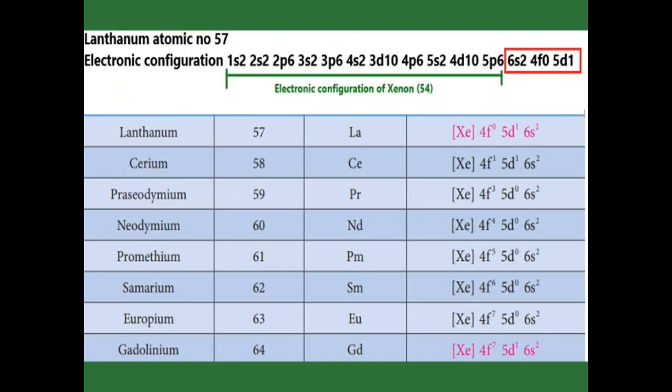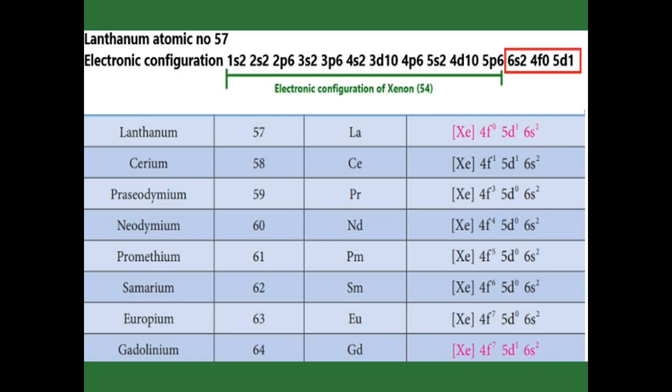Lanthanum atomic number is 57. So the electronic configuration we can write as 1s2, 2s2, 2p6, 3s2, 3p6, 4s2, 3d10, 4p6, then 5s2, 4d10, 5p6, up to 5p6. That electronic configuration is for xenon.